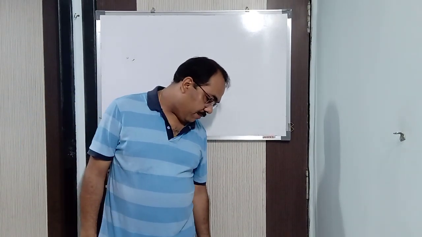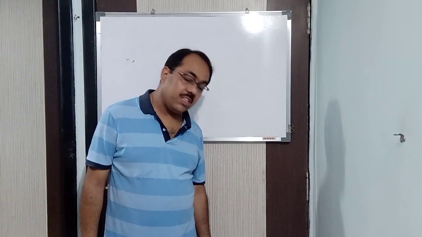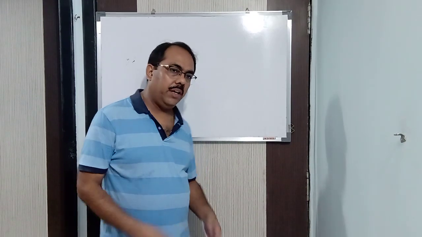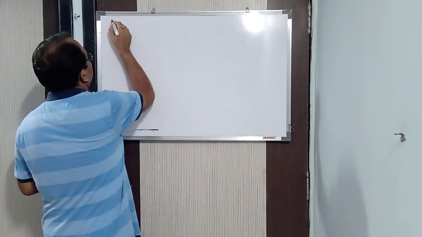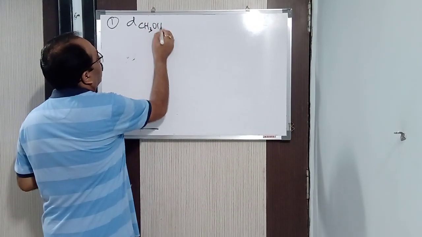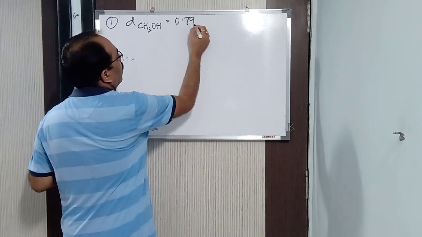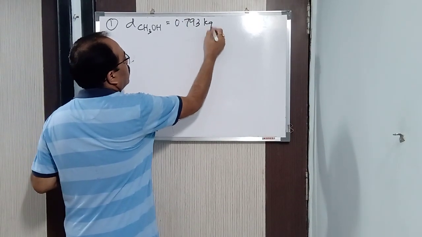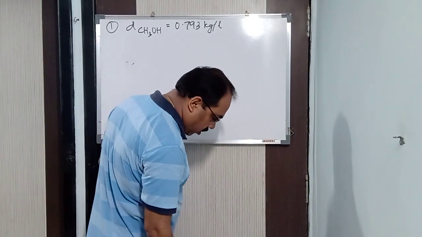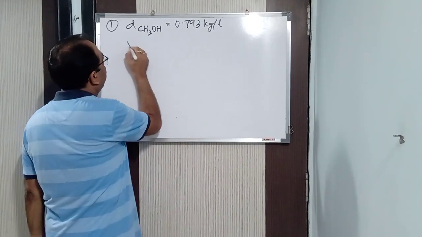If the density of methanol is 0.793 kg per liter, what is its volume needed?